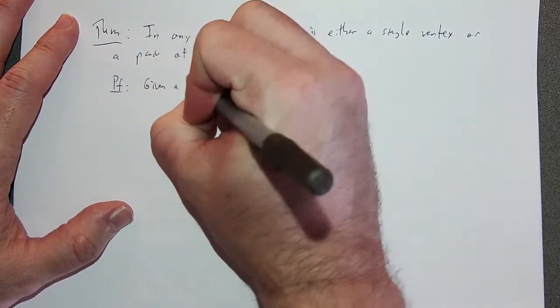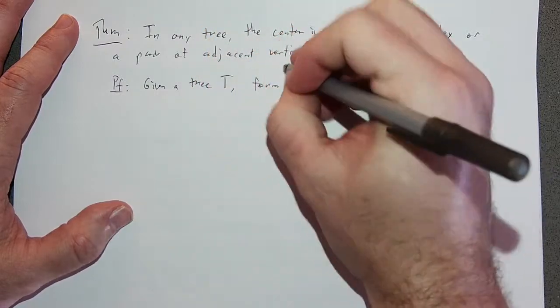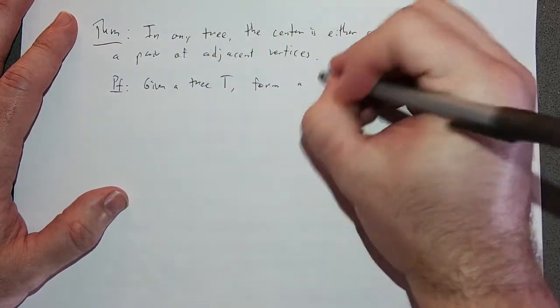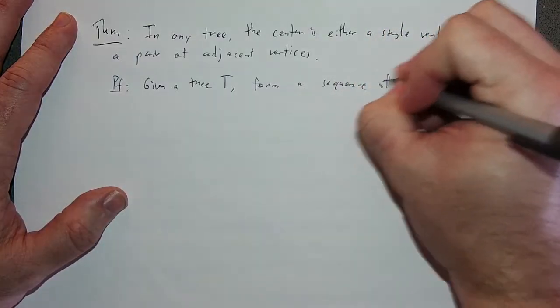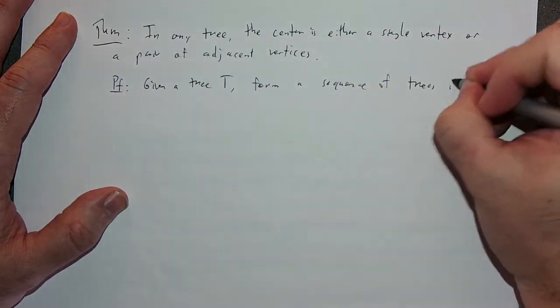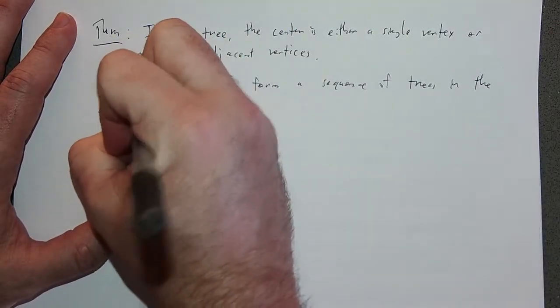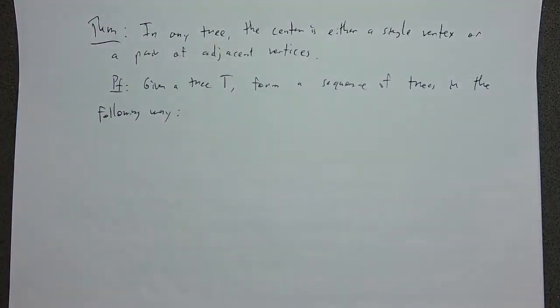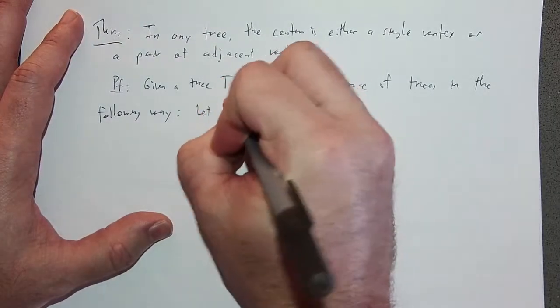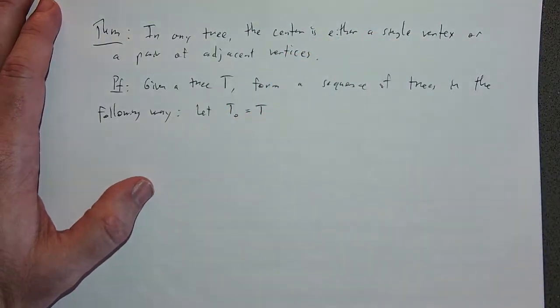So here's the idea. Given a tree T, form a sequence of trees in the following way. Let's initialize T as the tree we're starting with.